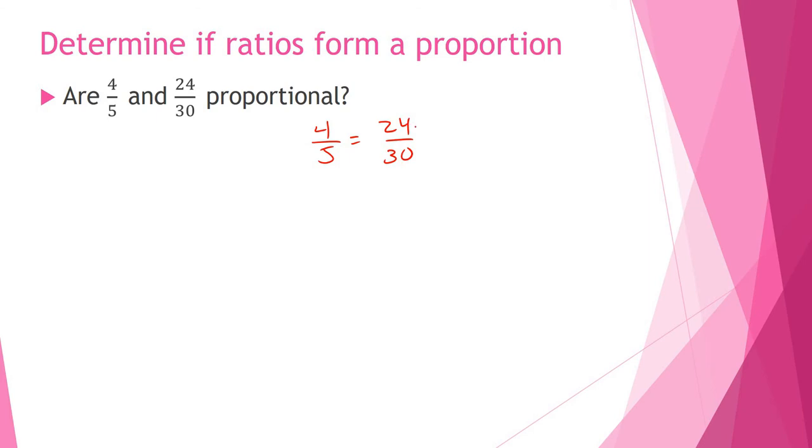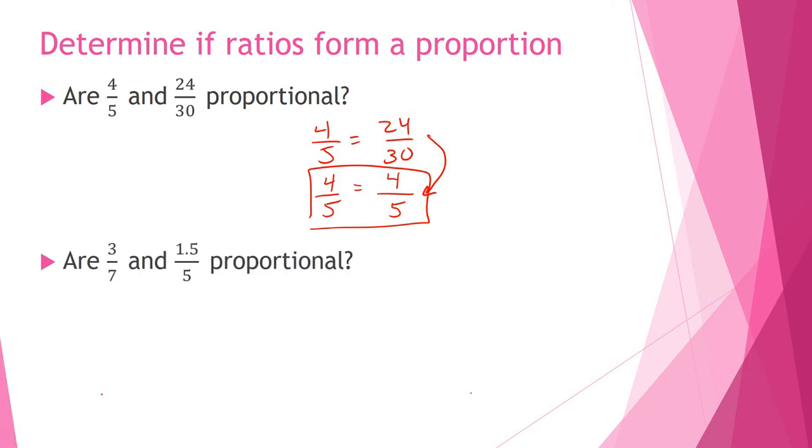If I simplify 24 over 30, both the top and the bottom are divisible by 6. I don't think I can simplify 4/5. But if 6 goes into 24 4 times, and 6 goes into 30 5 times, I can simplify this part of the proportion and show that they are equal to each other.